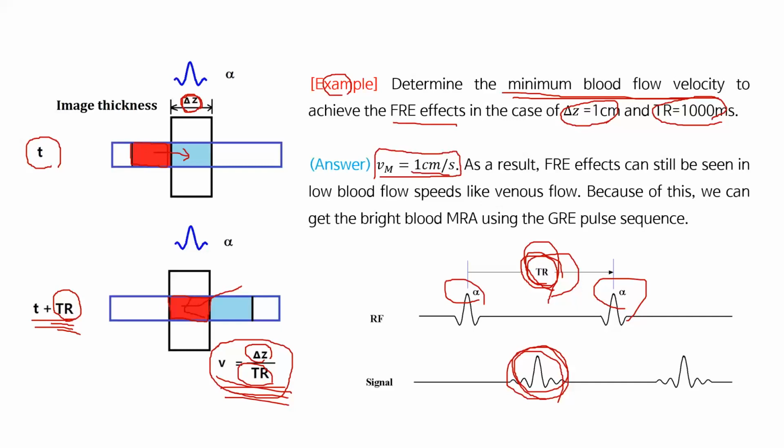Just 1 centimeter per second, very small. As a result, FRE effects can still be seen in low blood flow speed, like venous flow. Because of this, we can get the bright blood MRA using the GRE pulse sequence.